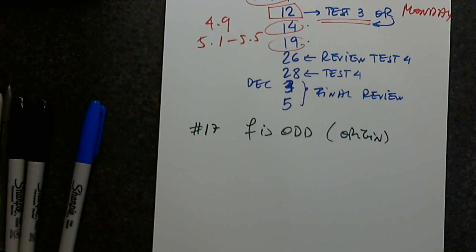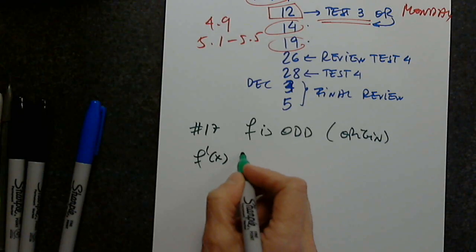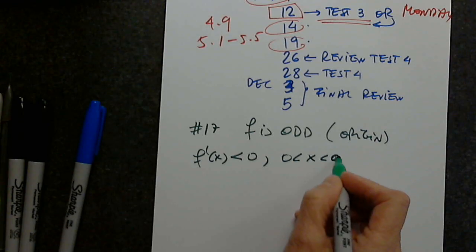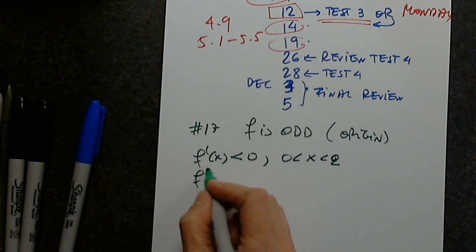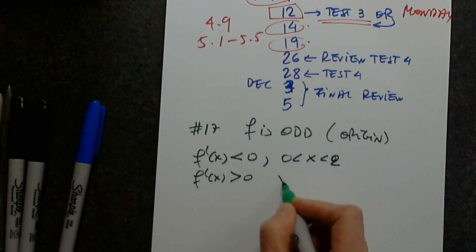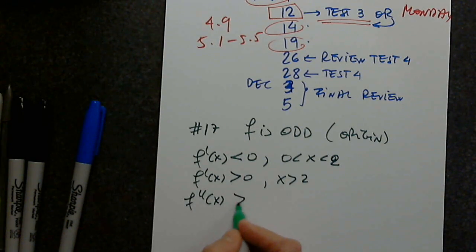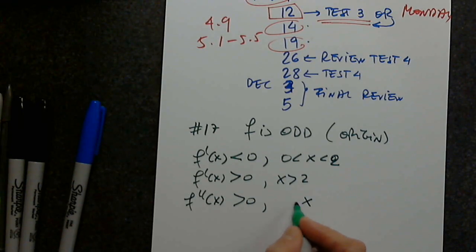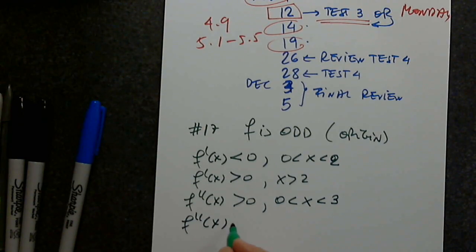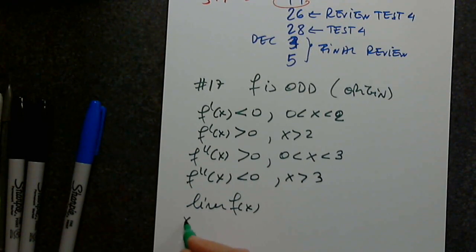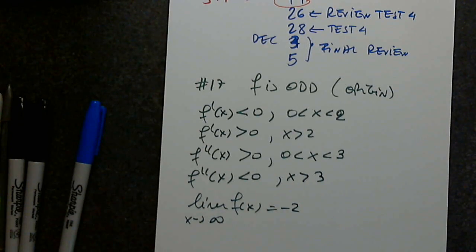Perfect. f prime of x is less than 0 when x is between 0 and 2. f prime is greater than 0 for x greater than 2. f double prime is greater than 0 when x is between 0 and 3. f double prime is less than 0 for x greater than 3. And we are told that the limit of f of x as x approaches infinity equals -2.